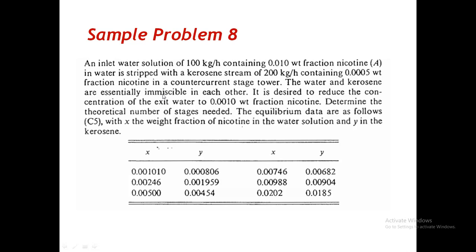So your water is to be stripped, meaning you need to take out a pollutant in the form of nicotine from your water stream using kerosene. The kerosene contains 0.0005 weight fraction nicotine. So in this case, the solvent has a very minute, negligible amount of nicotine also present in it.